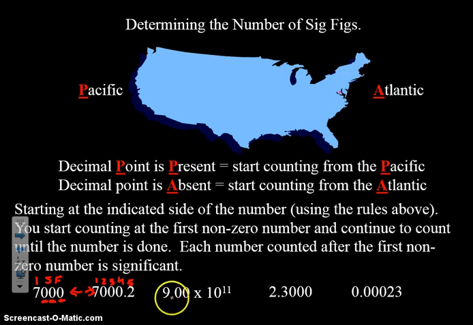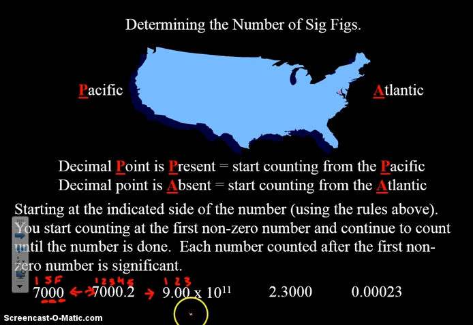Scientific notation. Again, just assume the decimal is going to be present. So we're going to start counting from the Pacific Ocean side. Start over here. The 9 is a non-zero, so we start counting there. So we have 1. Now these are zeros, but we've already started counting, right? So we continue to count. After you start, you just keep going. So 2, 3. This number has 3 sig figs.